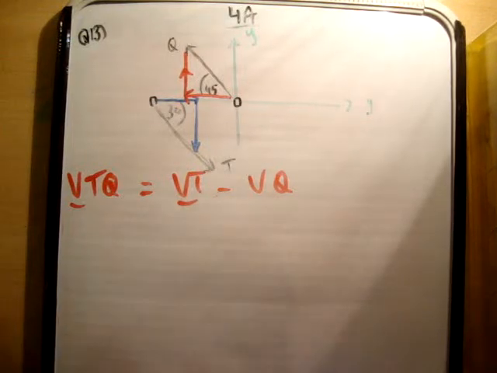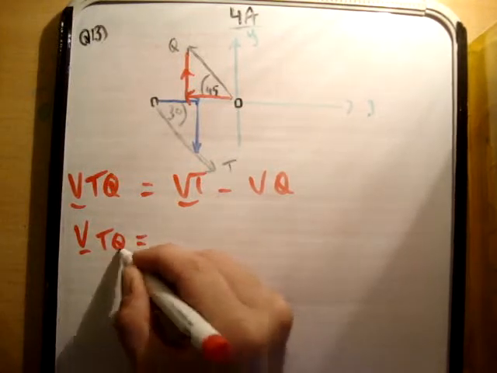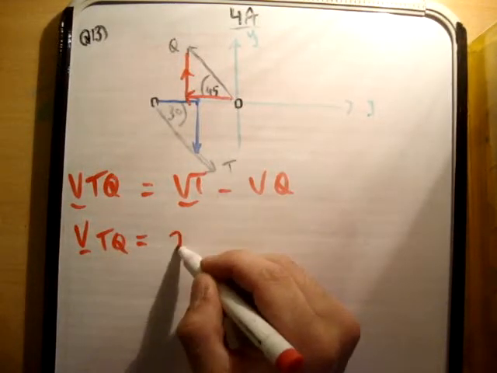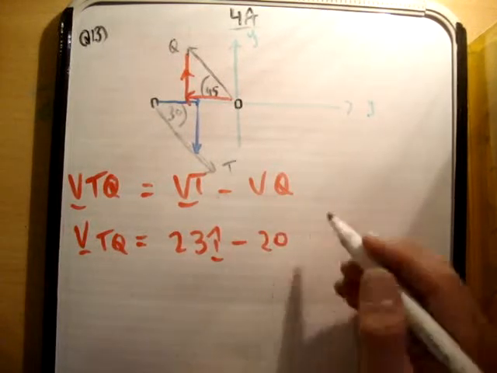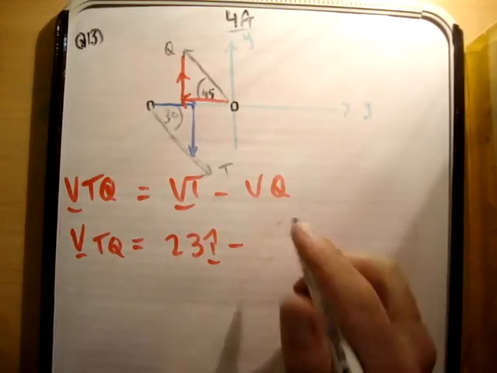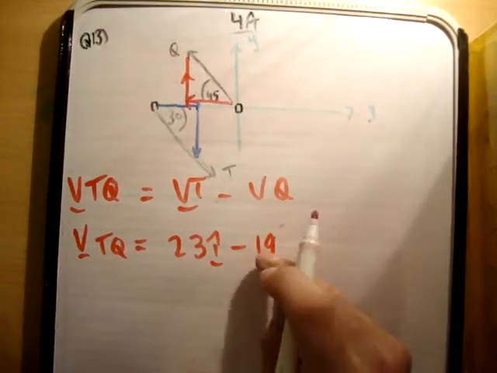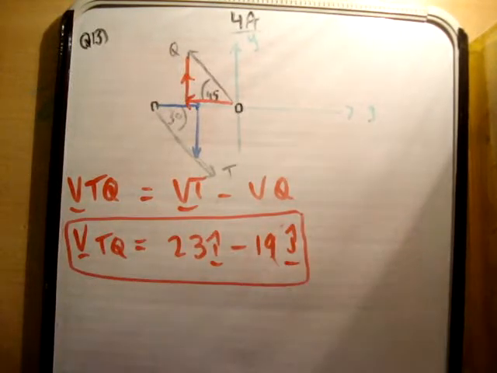And if you just play around with that, and I'm not going to bother doing it because it's quite simple, you're going to get essentially 19 i hat minus 19 j hat. So that's V_TQ.